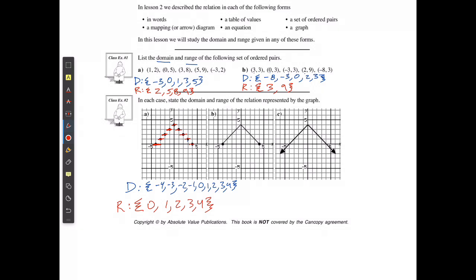Now, when I get to B, B is going to look a little different. Because it's a continuous line, it's not discrete data, and it connects all the way through here, that means that it could be literally any number that is between these points.